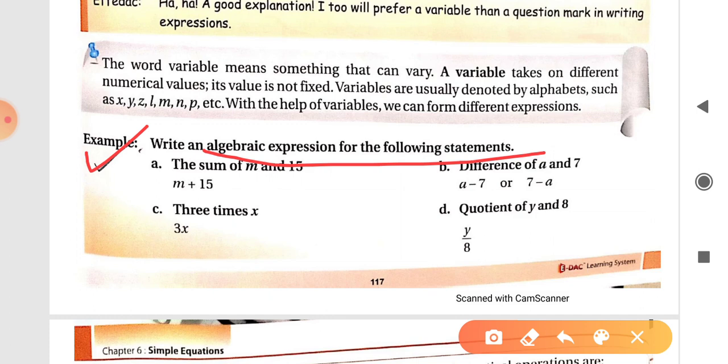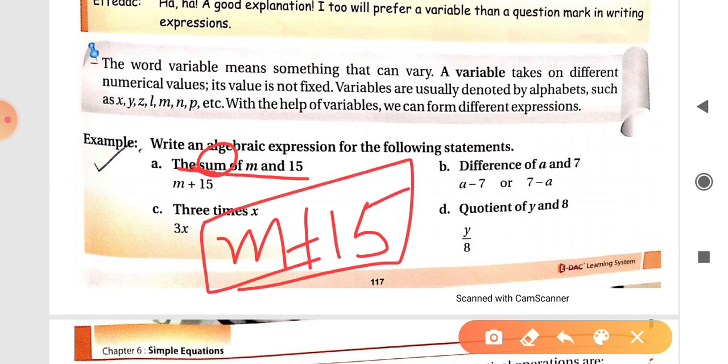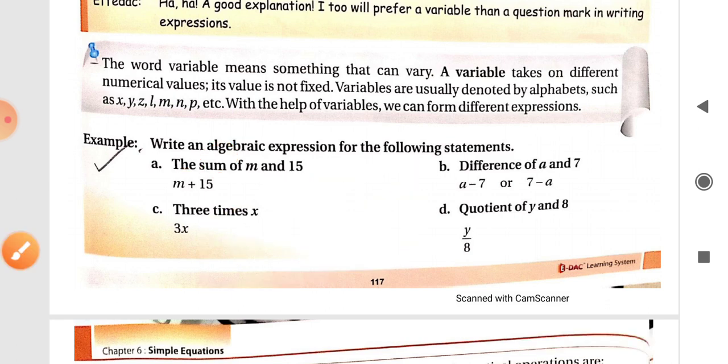We are given some statements and we have to write an algebraic expression by using these statements. First is the sum of m and 15. Sum means addition, then it means addition of m and 15. Then we can write it m plus 15. This is an algebraic expression. So this is the answer.